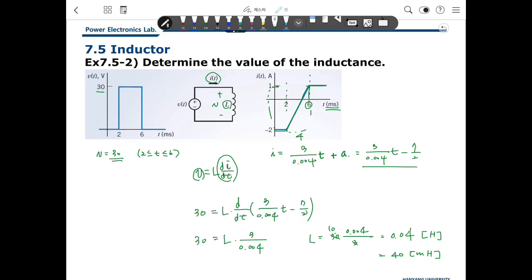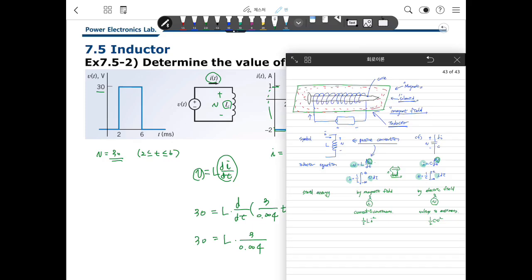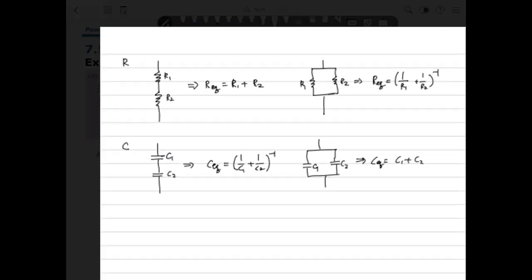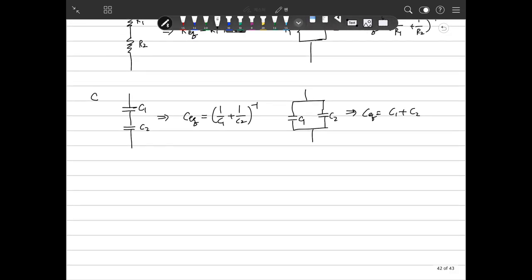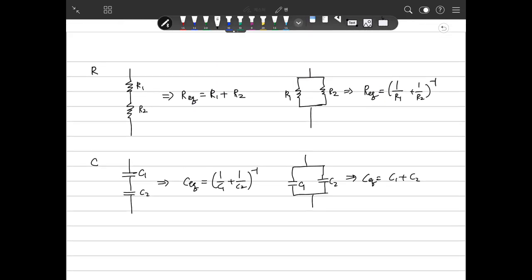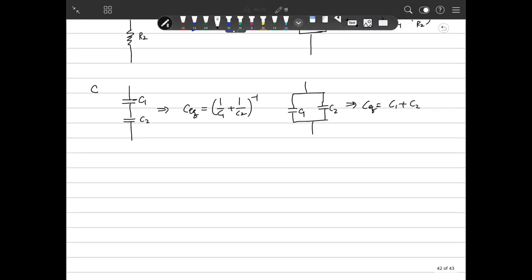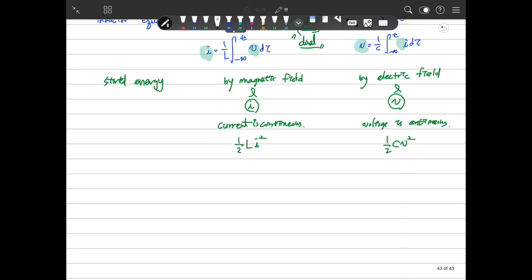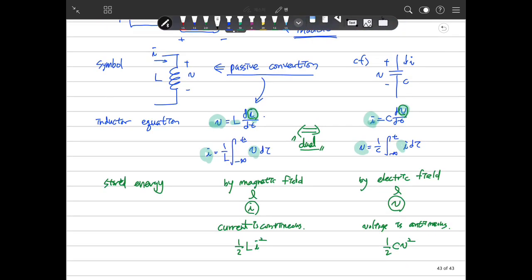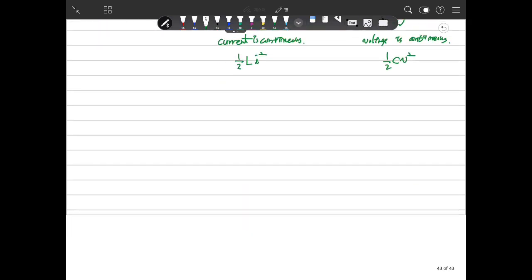So we can write it in this way. So here you need to know the case of L. This is important here, so we summarize.